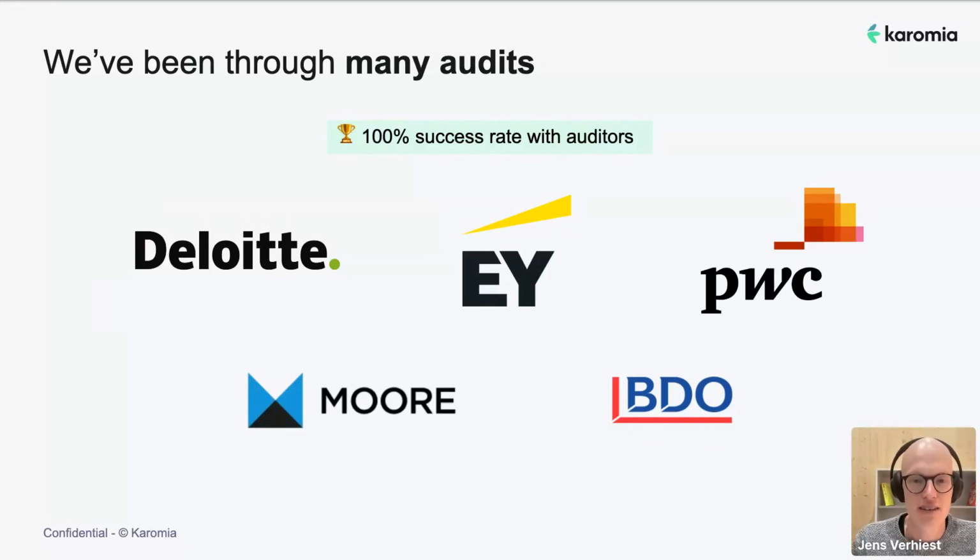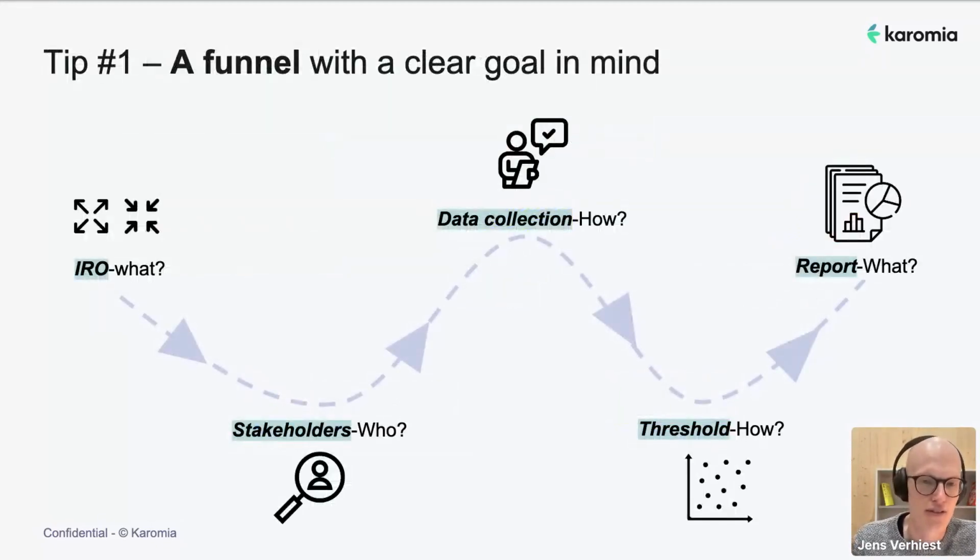So we looked at the process of a double materiality assessment with the IROs, stakeholders, data collection, thresholds, and reports. A tip that I can give is to look at this in the form of a funnel.